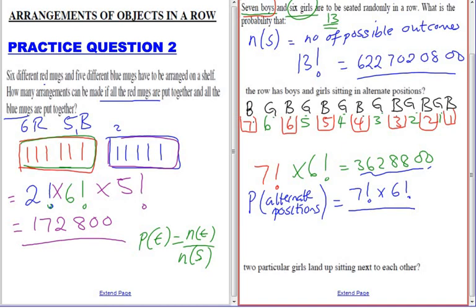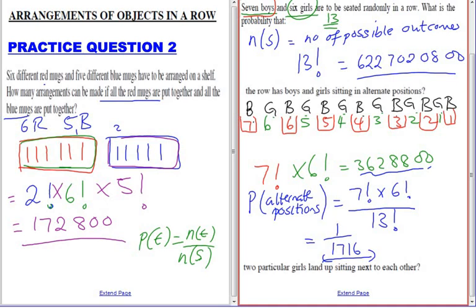And then I divide it by the total possible outcomes, which we said was 13 factorial. I believe it to be a lot easier on your calculator or on your pen, rather, to do it this way. So this is what I am getting as a simplified answer. Okay? So that's the solution right there.